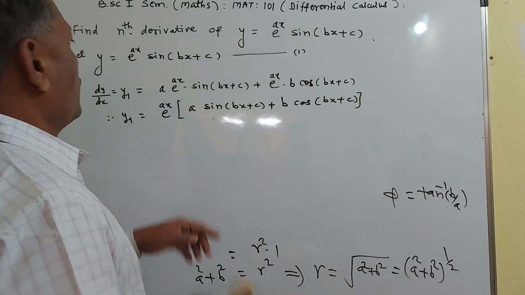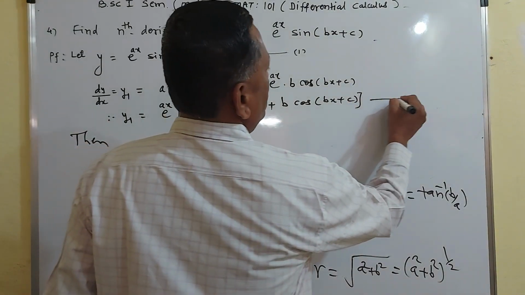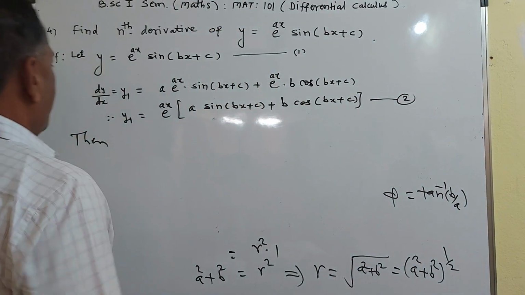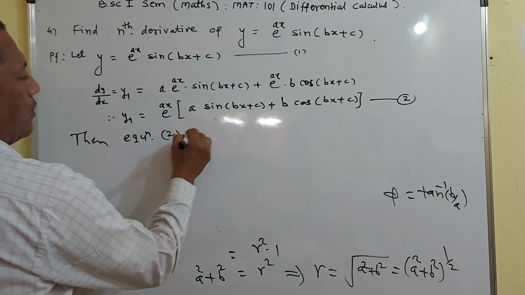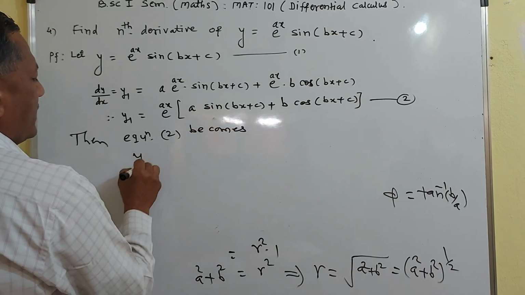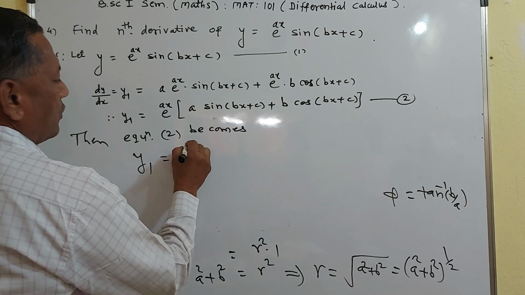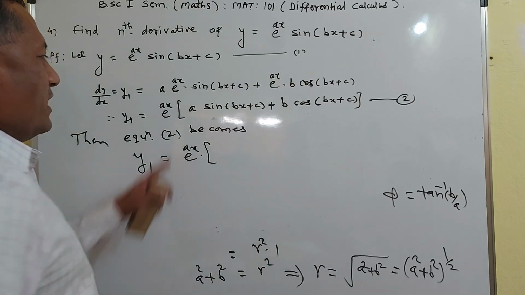Then the first derivative becomes, suppose this is number 2, then equation 2 becomes y1 is equal to e raised to ax into, what is a?